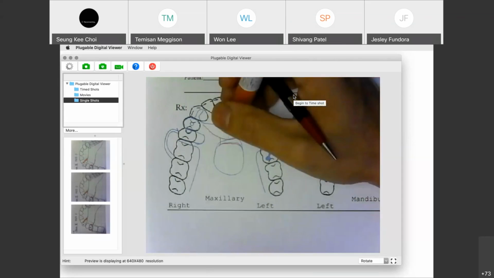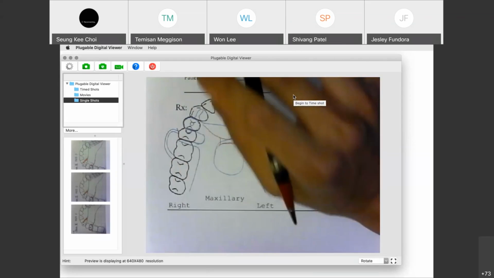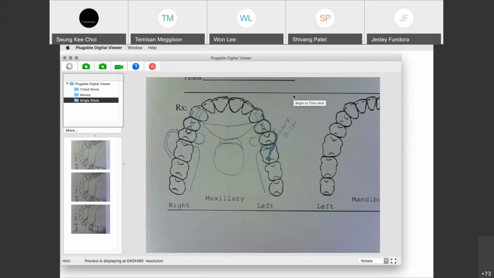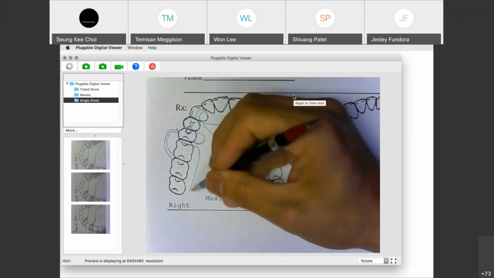Because again, it's difficult to draw that, but I want you to be very clear, very obvious with your drawing, where there's plenty of bulk here.